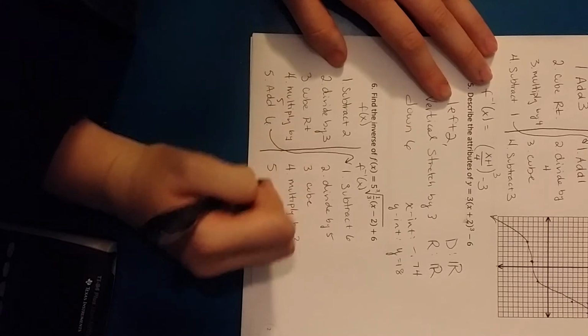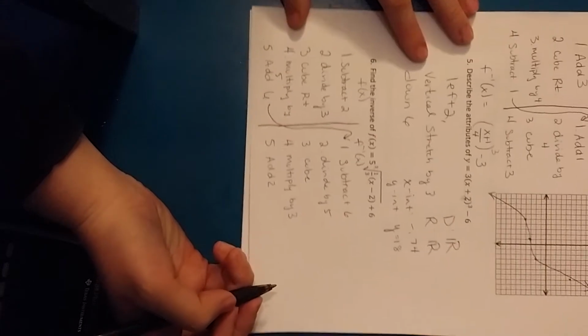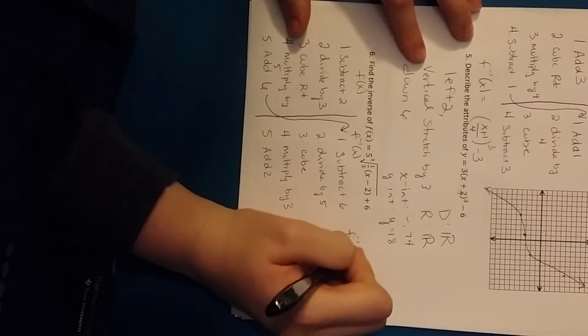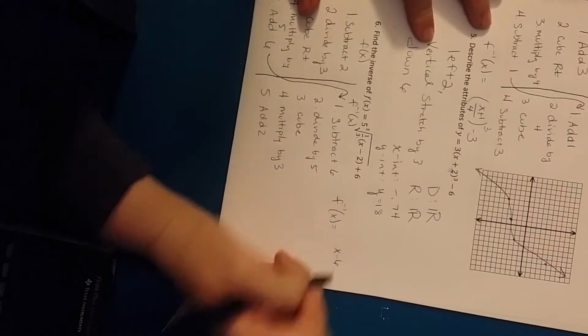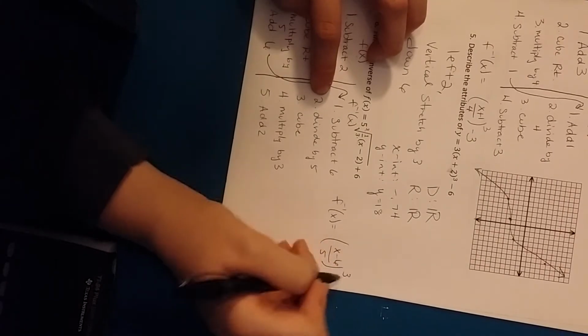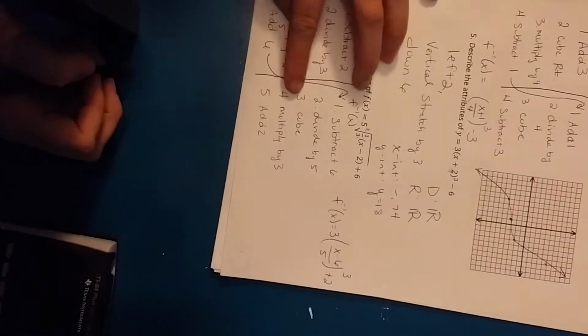And then add 2. So my inverse function should be x minus 6 divided by 5, cubed, multiply by 3, add 2.